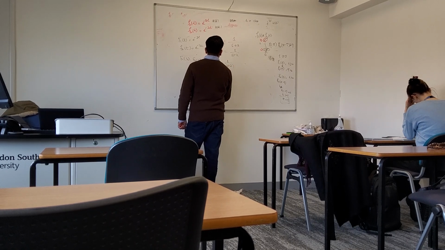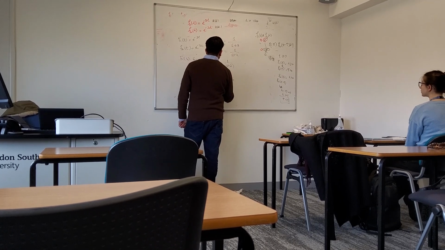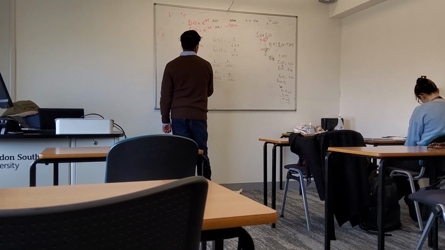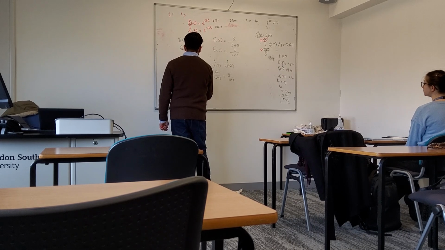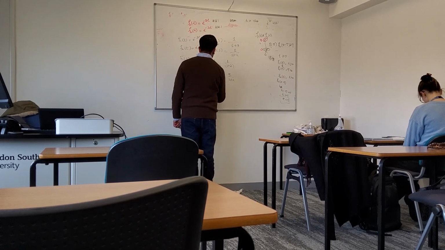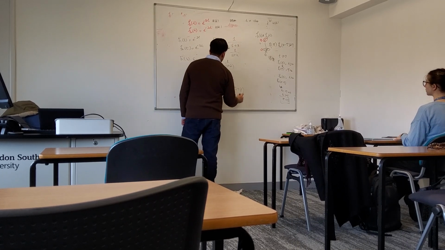I can write it as a divided by s plus 3 plus b divided by s plus 2. So I can further solve it, a into s plus 2 plus b into s plus 3. We have solved this so many times. Okay.